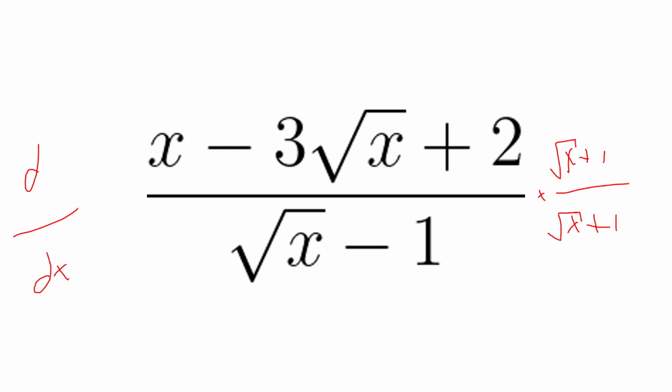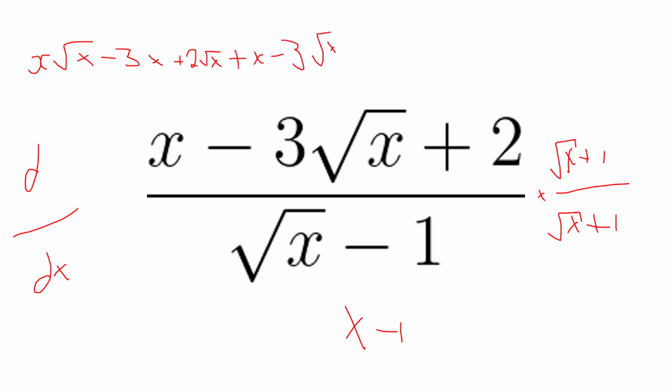So the denominator just becomes x minus 1. The top, we have to multiply every term by root x and every term by 1. So we have x root x minus 3x plus 2 root x plus x minus 3 root x plus 2.